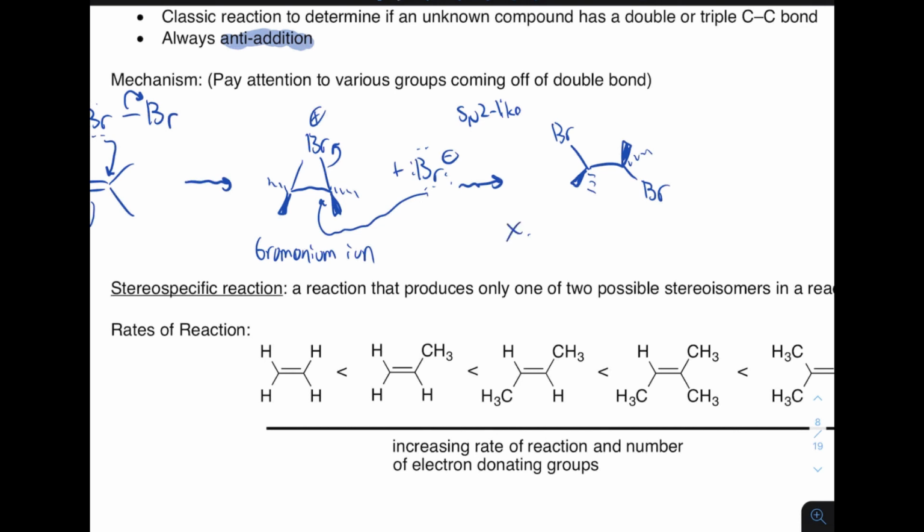But just like with the mercurium ion, that mercury atom is so big that the more substituted side ends up being sort of positively charged. So very similarly, the Br minus, or the halogen in general, will attack the more substituted site. And we'll see examples of this in lecture.